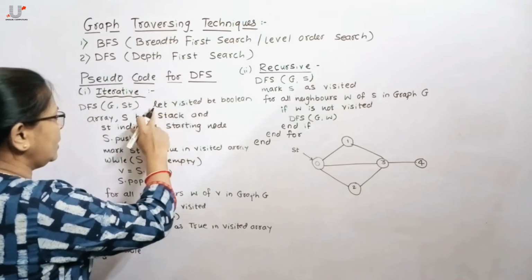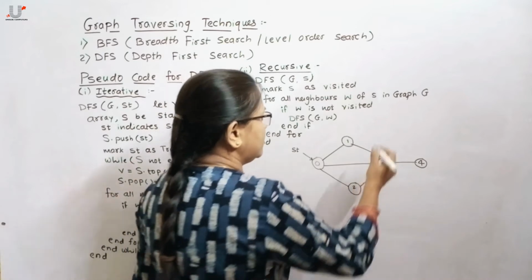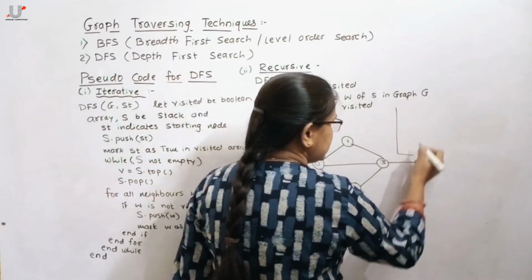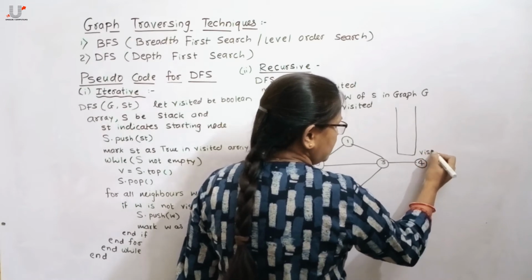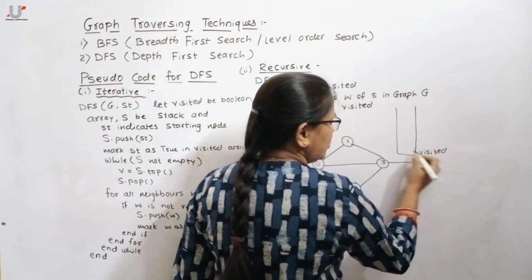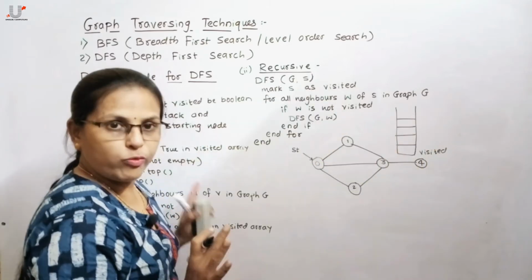Then in this pseudocode, this is the visited array, an array named visited. It's a boolean array, so it takes a true or false value.